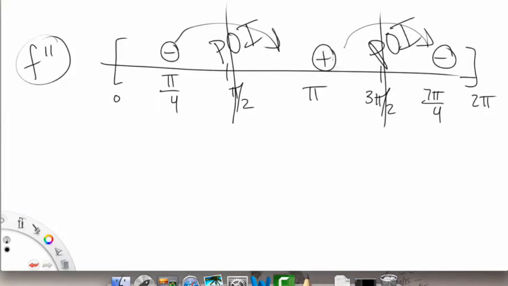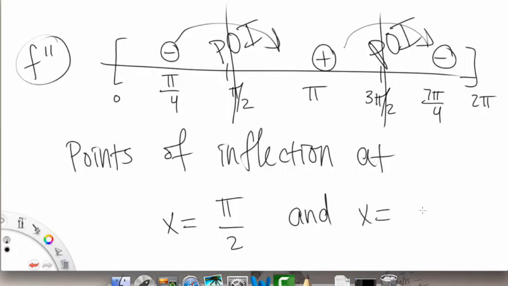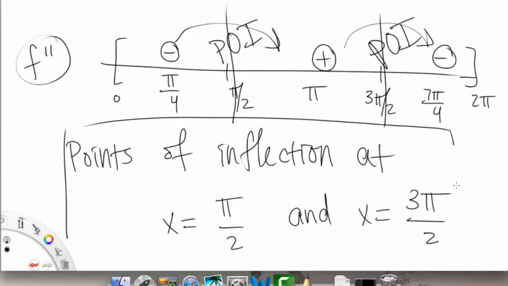That's all we have to do: say that there are points of inflection at x equals pi over 2 and x equals 3 pi over 2. So that's basically it for that problem.